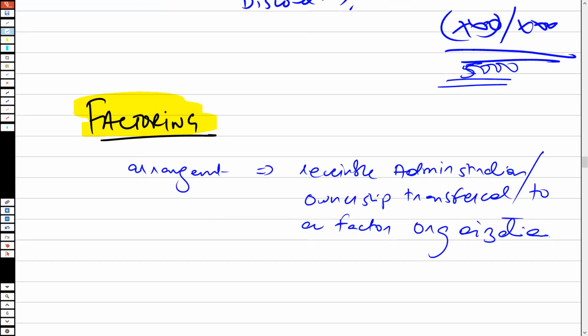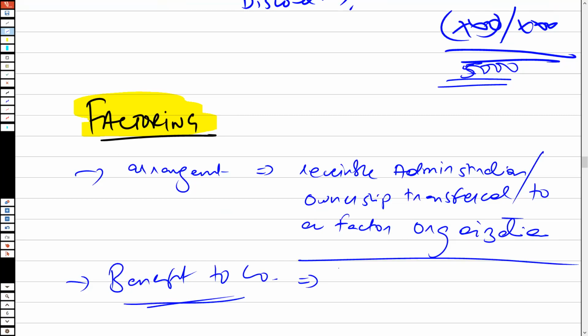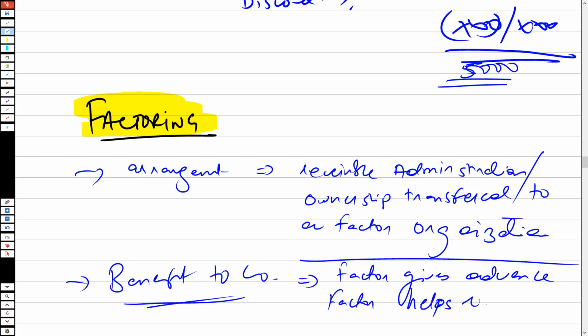The major benefit to the entity is that the factor gives an advance. The second thing is that the factor helps recovery.